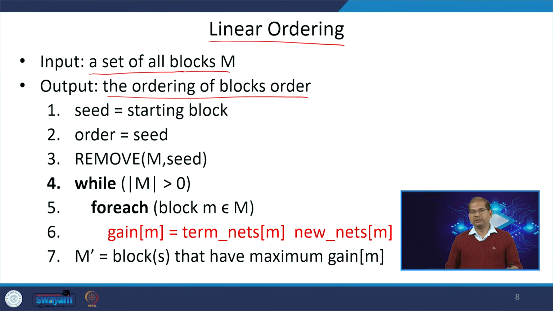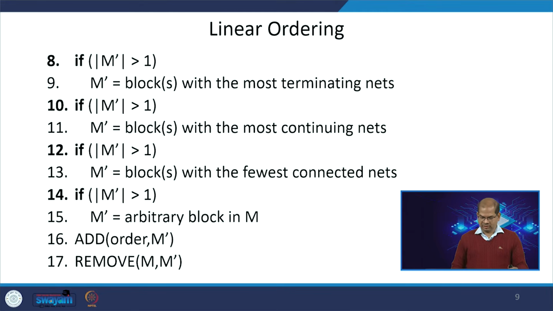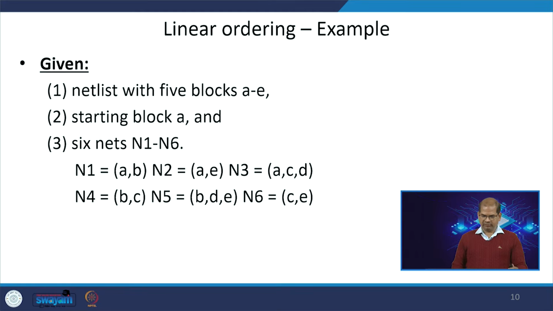How is it possible? We have a gain formula. The gain of a block is equal to terminating nets minus new nets. We will take an example, then come to the algorithm later.